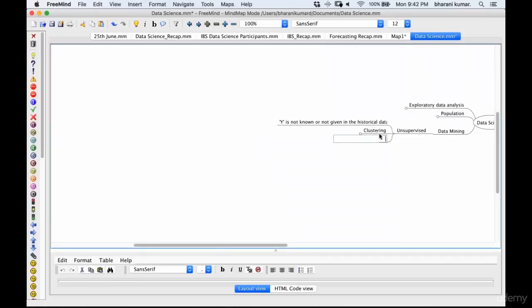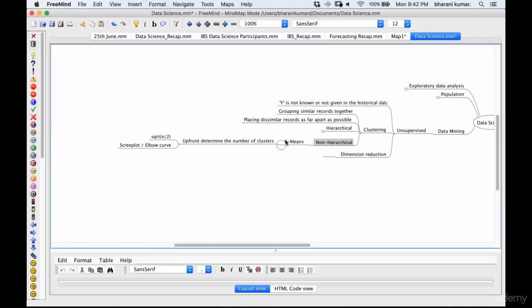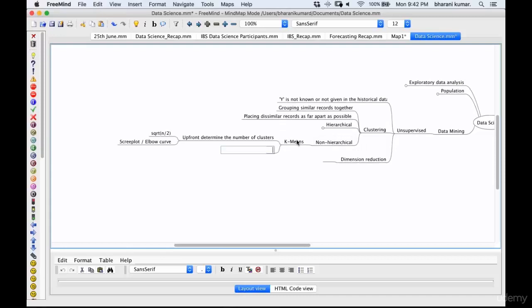Then we have also discussed dimension reduction. But even before that, when it comes to non-hierarchical clustering, we look into within sum of square values.